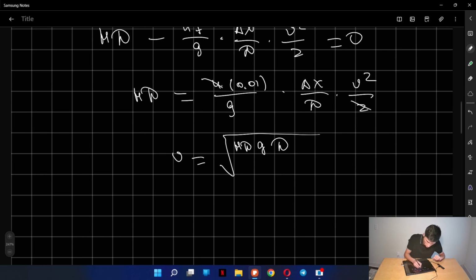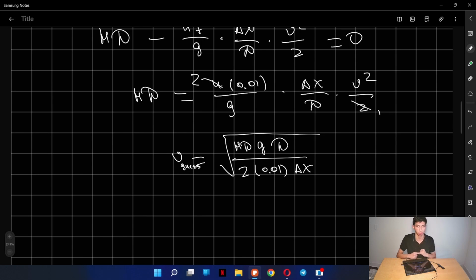This 2 gets cancelled. And that's going to become 2 times 0.01 times the delta x, right? And that's going to be our velocity guess because we're guessing our fanning friction factor, right?